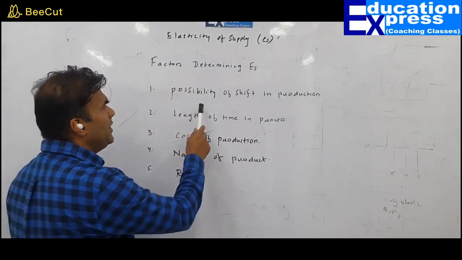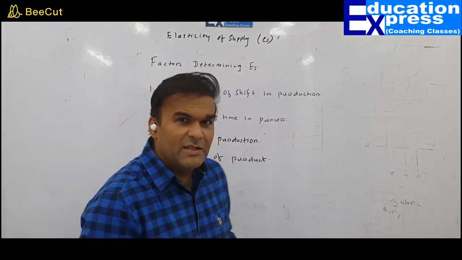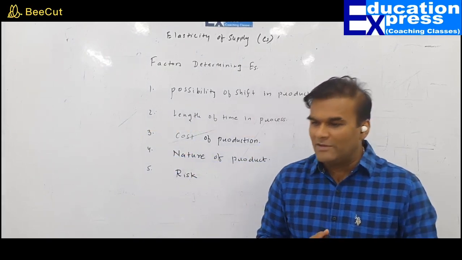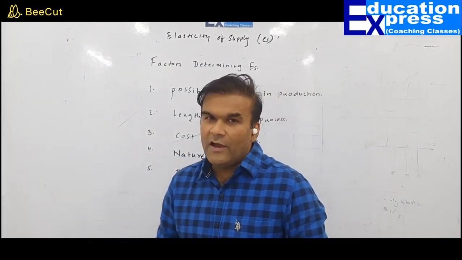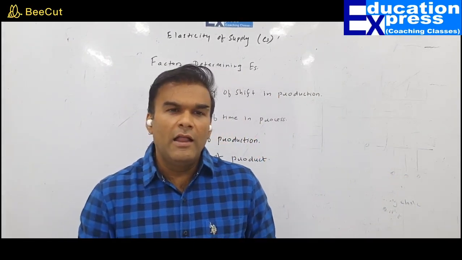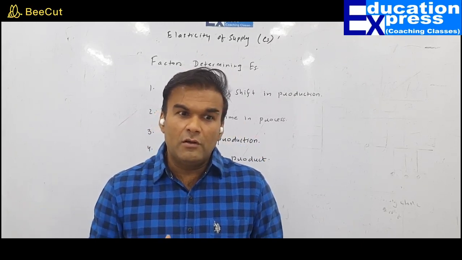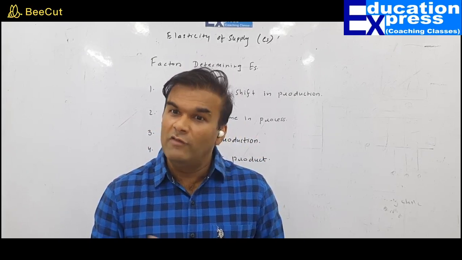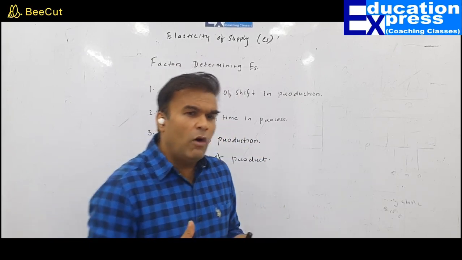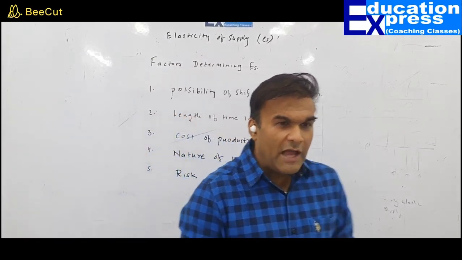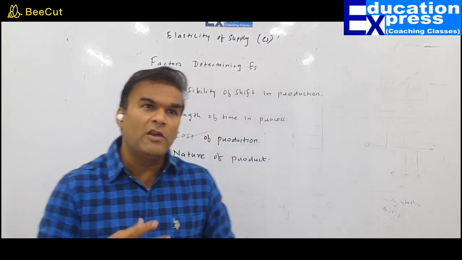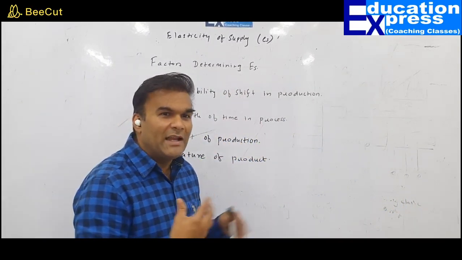First is possibility of shift in the production. Suppose I have a capacity wherein I am into an alcohol business. So basically, if I am doing a business of alcohol, I have to produce beer, rum, vodka, whiskey, etc. So what are the main ingredients for it? I need spirit for the purpose of manufacturing all those wines that I make.